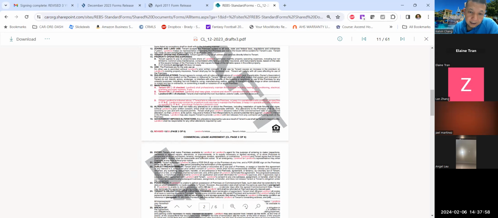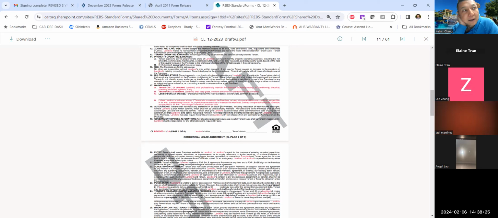And if tenant fails to maintain the premises or keep it operable and safe as above, landlord may do so and perform such contractual needs to keep it safe and charge the tenant for the landlord's cost. So what's an example of that? Maybe the landlord notices that the tenant has unsafe conditions.